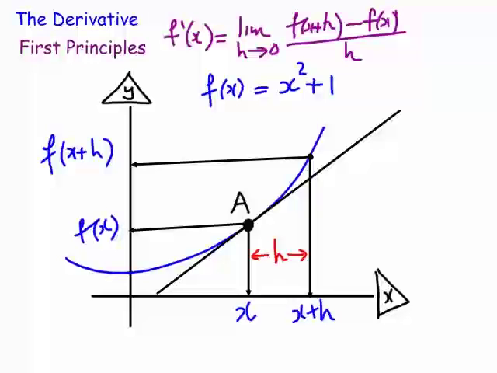And you can see here it's actually a limiting process of a gradient. It becomes, in actual fact, the gradient of the actual tangent at the point A. So what we say is that the slope of the curve at the point A is equivalent to the slope of the tangent at the point. Okay, let's have a look at some examples.